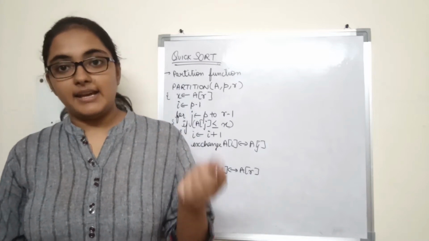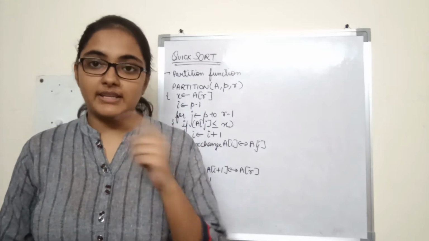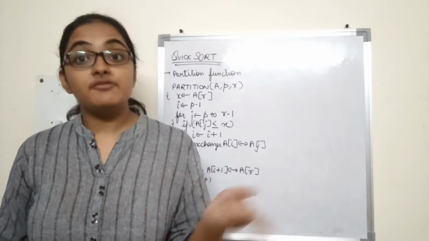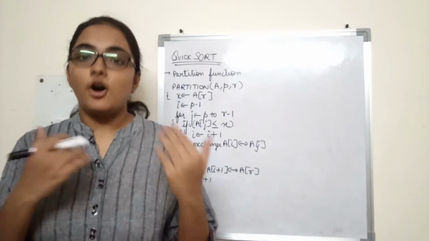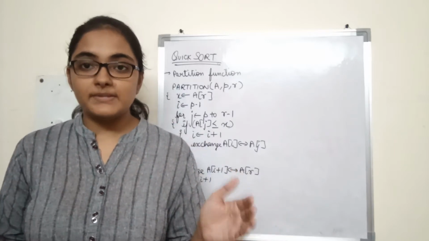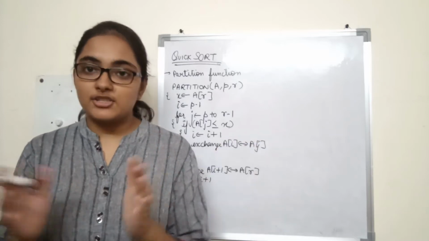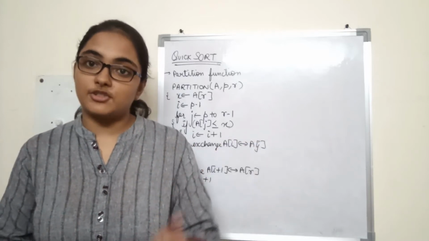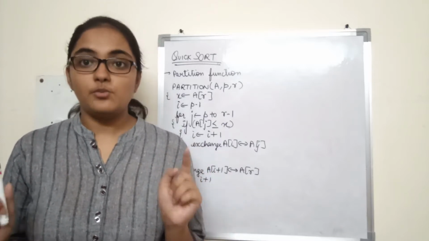Then we conquer the sub-problems by solving them recursively, and then we combine the solutions of these sub-problems to form the solution of the original problem. That is how the divide and conquer paradigm works.